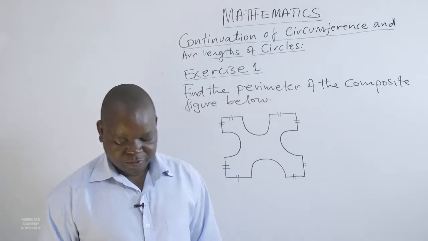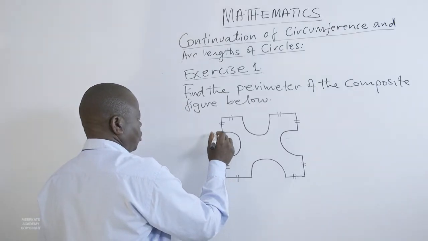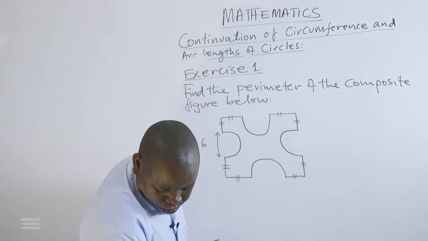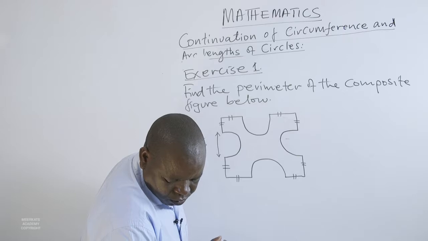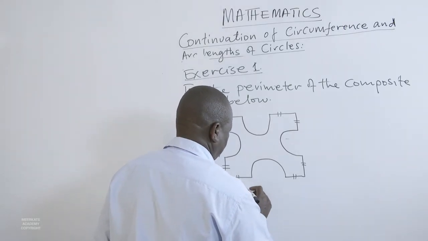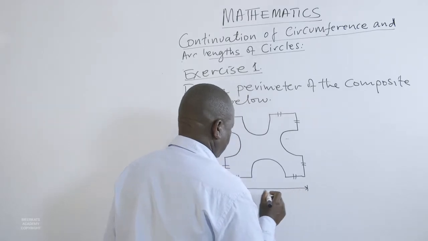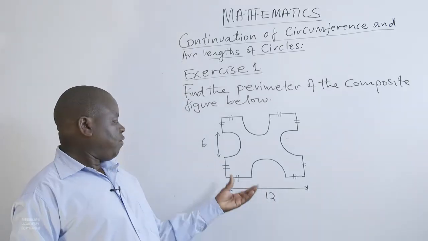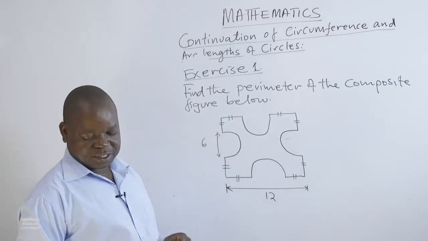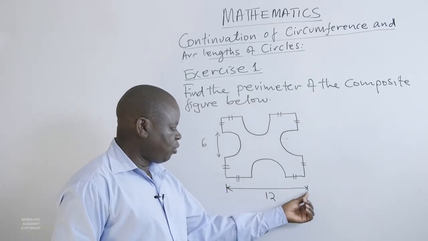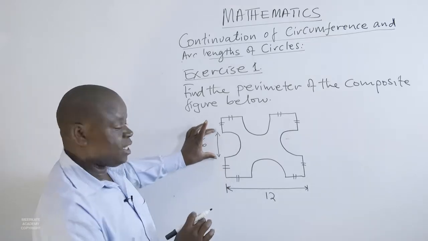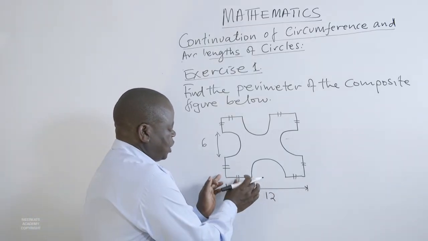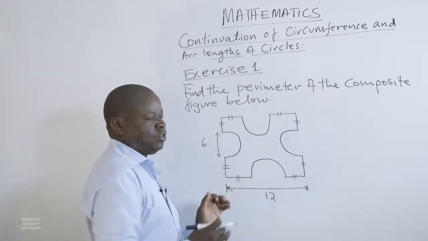Now, additional information we are given. So we are given that the distance from this point to that point is 6, and the dimension from this point to that point is 12, meaning that if this one is 6, it means that the remaining shared length, this one and that one, is also 6.